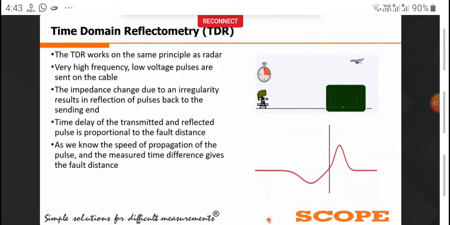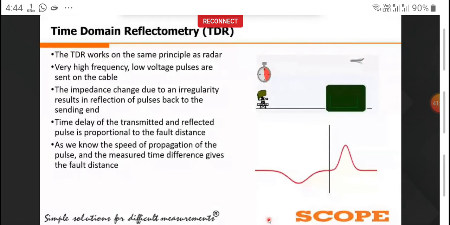The instrument measures the time difference, and by using the formula distance equals speed times time, we calculate the fault distance.